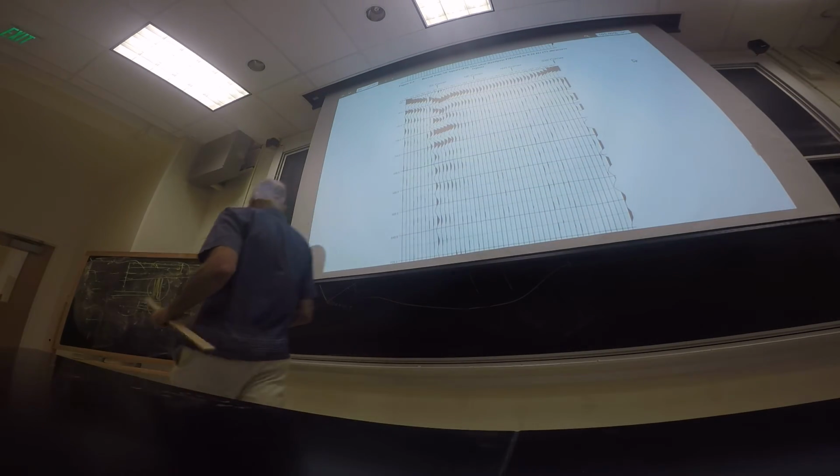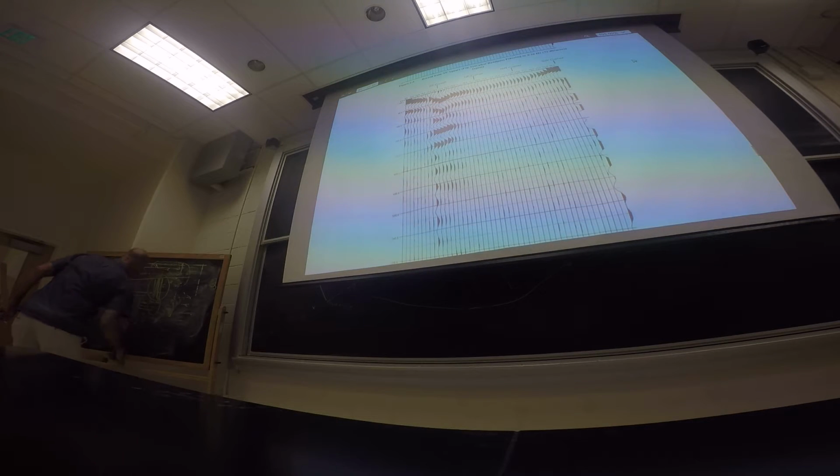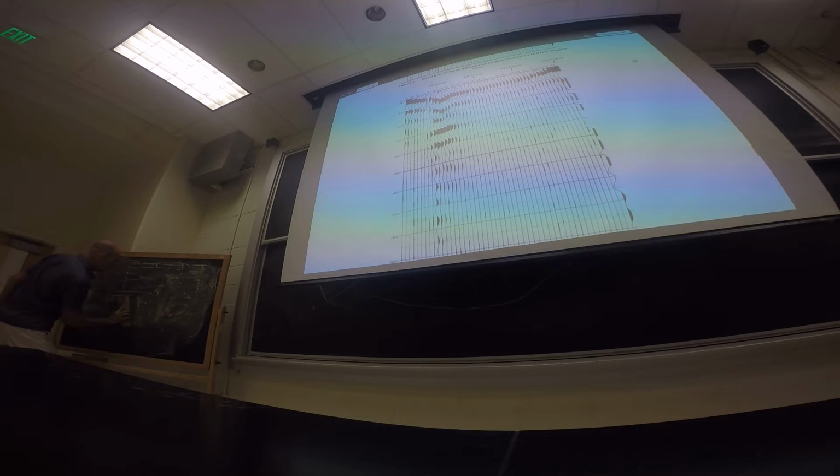Okay, here is an example of the survey, and the geometry kind of looks like this. You've got a square, and you've got your southeast corner right here, and you've got your northeast corner right here.